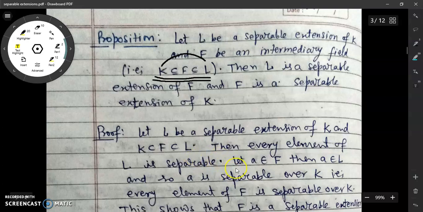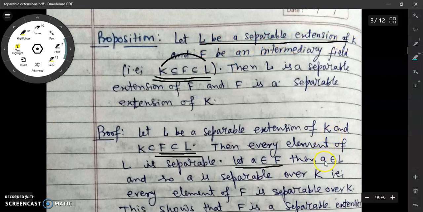So for this purpose, we assume that A belongs to F. But observe that F is a subset of L, so this A belongs to L. Now L is a separable extension of K. This is given.